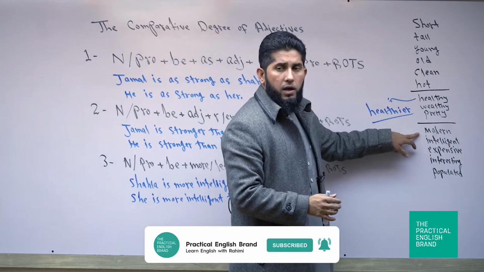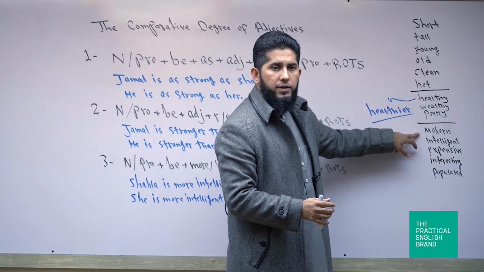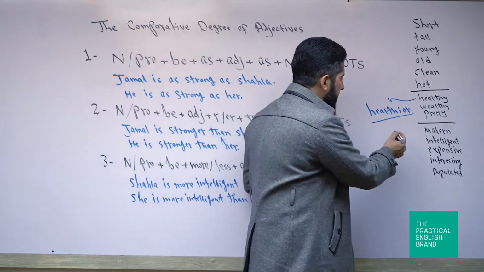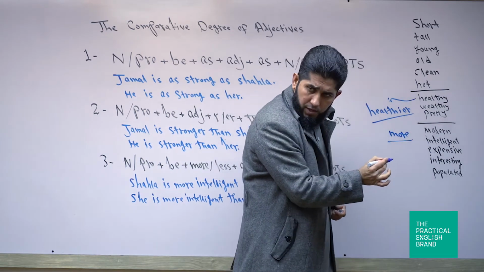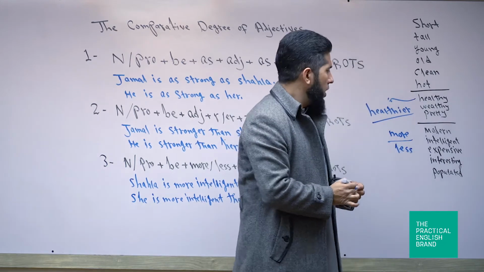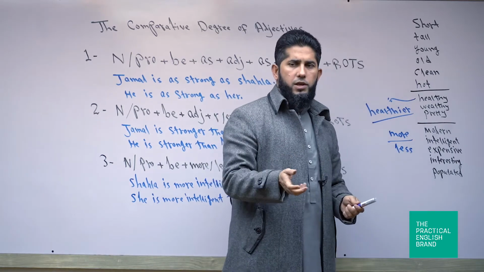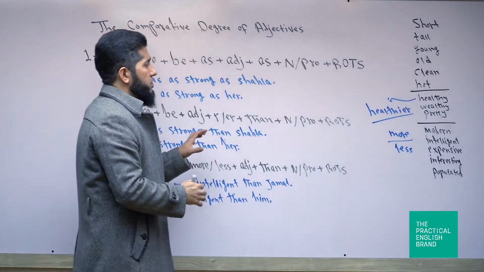For example, Japan is more modern than Afghanistan. Afghanistan is less modern than Japan. So in this case, we use more for positive degree and less for negative degree. Okay? Or for example, she is more intelligent than him or he is more intelligent than her. Okay? So now let's look at these structures.